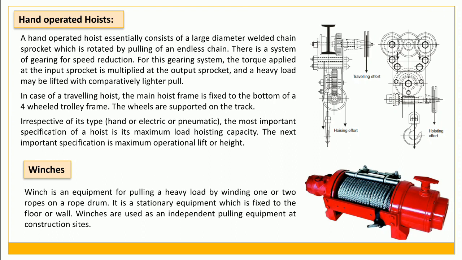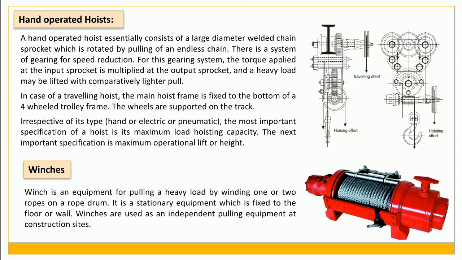In this gearing system, the torque applied at the input sprocket is multiplied at the output sprocket, and a heavy load may be lifted with a comparatively lighter pull at the input chain. When a worm wheel is used, the gearing system is self-locking, but with a spur gearing system an arresting attachment is provided to avoid descent of the load by its own weight. The entire sprocket and gearing system is enclosed inside a frame.